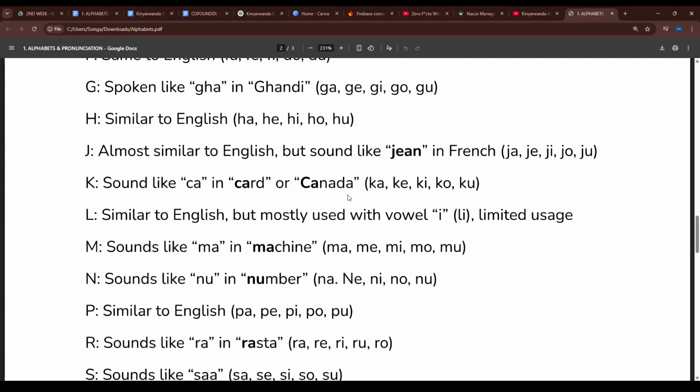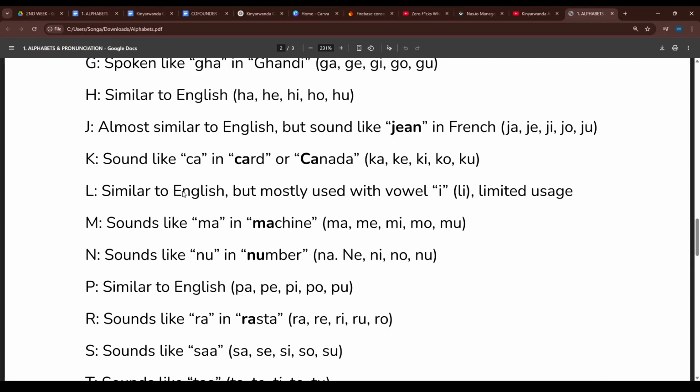Some words are very easy. I will just skip them. We have la. This one is used as la in Kinyarwanda, but you will not find so many words having it. Even for the words where it's used, you will find them used on the vowel E. So you find it as li, like Tigari.